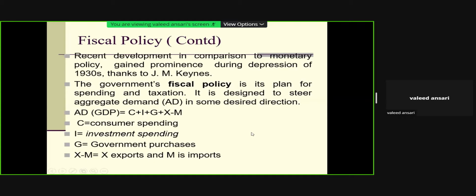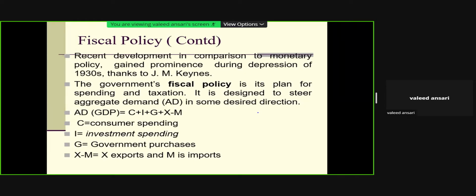Now, as I told you in my last lecture, the development of fiscal policy, its genesis, let me modify my statement. Its use in affecting the economic variables is attributed to John Maynard Keynes.